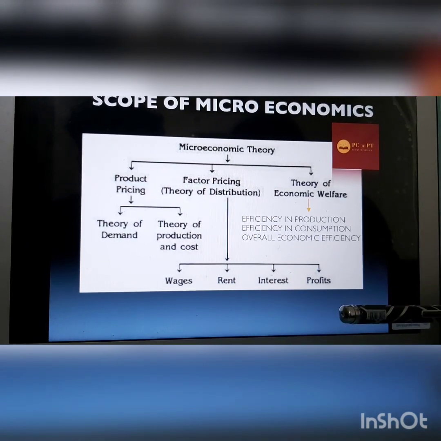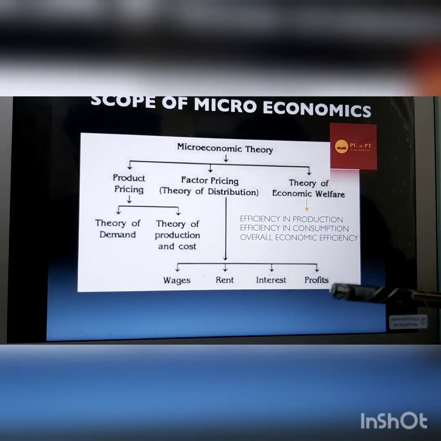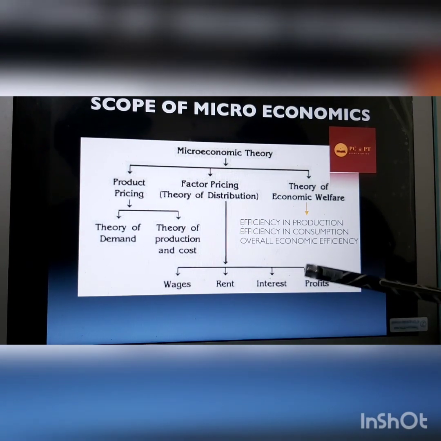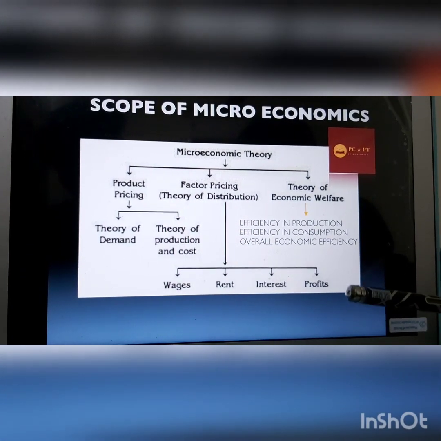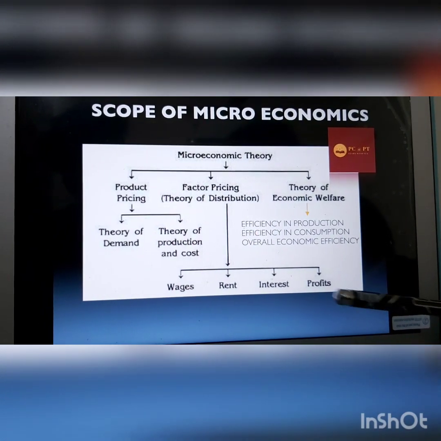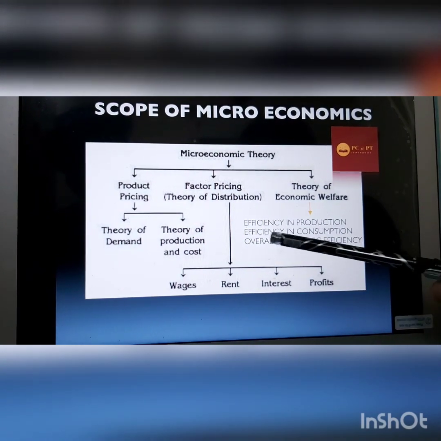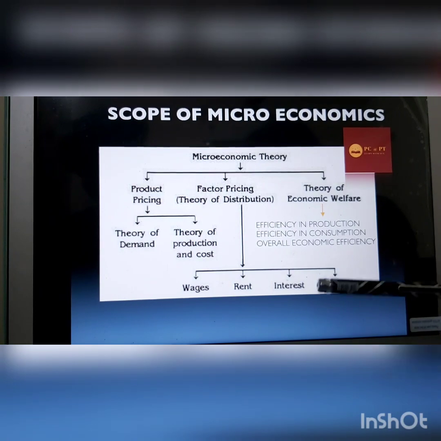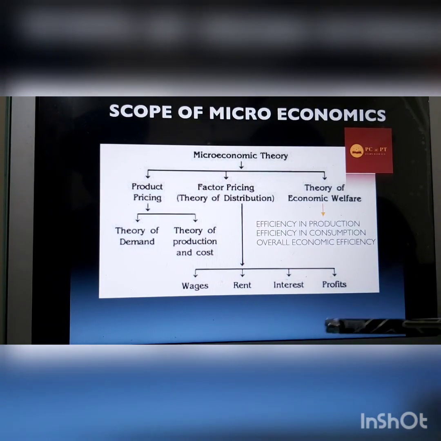Efficiency in consumption. अब consume कौन करेगा मुझे बताओ. फार्मर ने फार्म पर प्रोडक्शन किया राइस का, व्हीट का, वो हम तक कैसे पहुंचता है? Through the distributors, through the agents. So here distribution policy matters a lot and then it comes to the consumer and then we use it.